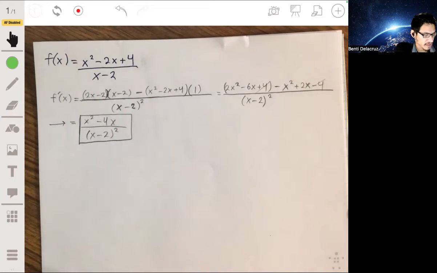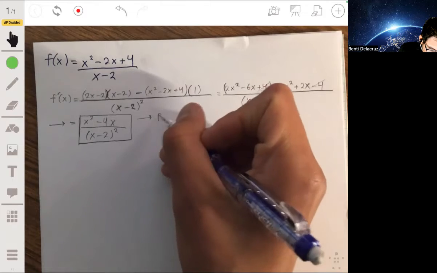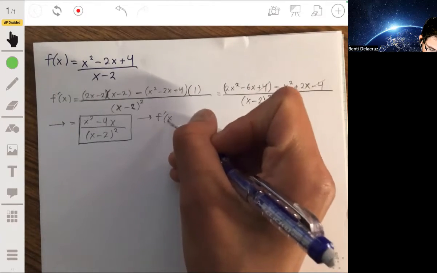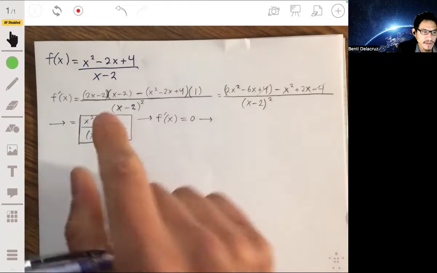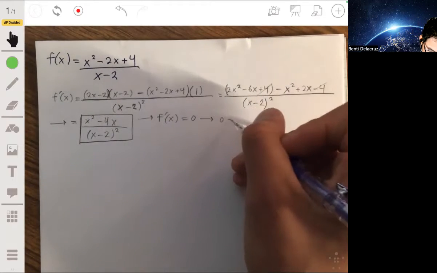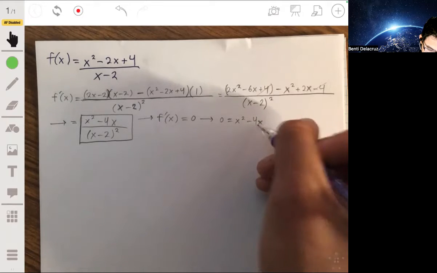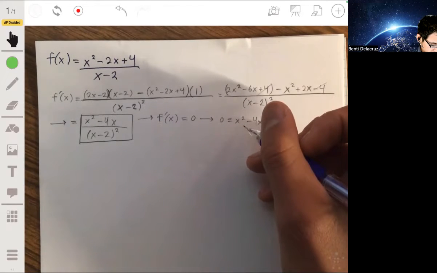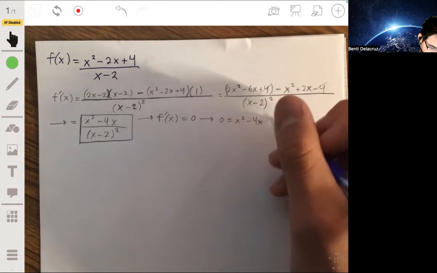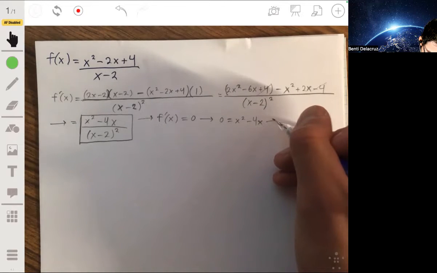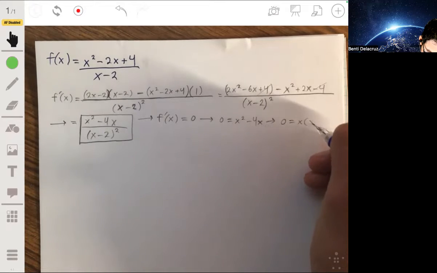Okay, so let's see where the first derivative is undefined and where it's 0. Where is f prime of x 0? That means we need to set the numerator equal to 0, so find the zeros of x squared minus 4x. You can probably see right away it's going to be 0 and 4. We can factor out that x: x times x minus 4.